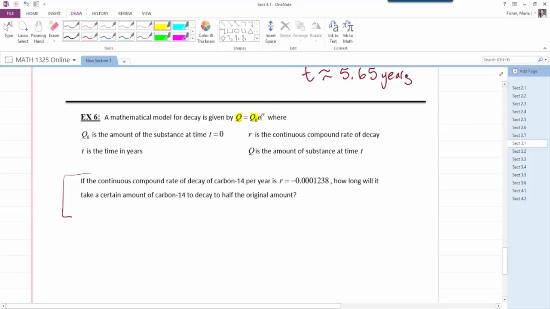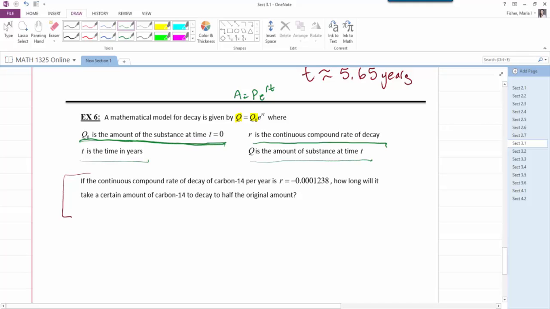That should look a lot like A = Pe^(rt). Q naught is the initial amount of your substance at time 0. R is the continuously compounded rate of decay, or growth if this were growth. T is time in years, and Q is the amount of the substance at time t.